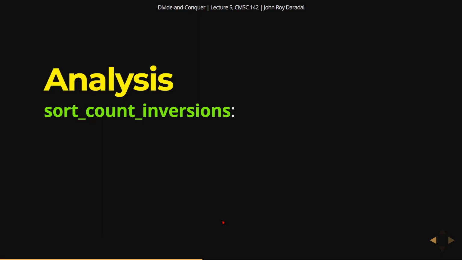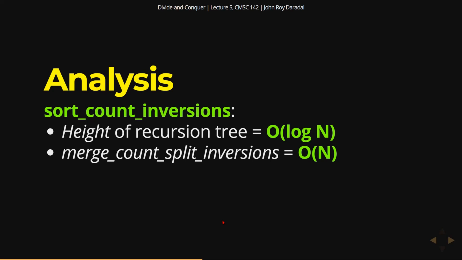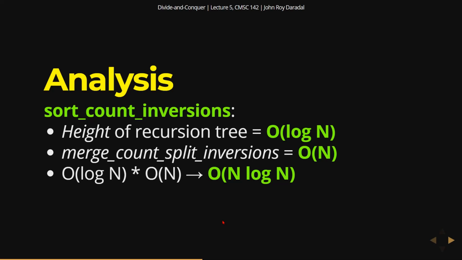Now for the analysis of sort count inversions, the height of the recursion tree is O of log n, because we're just dividing it into 2 each time, log n base 2. So similar to merge sort basically. And then merge count split inversion still runs in O of n, because we're basically just looking at n numbers, all of the items in the array during the merge, and just checking which one of them is bigger, or sorry, smaller, and then we copy that first.